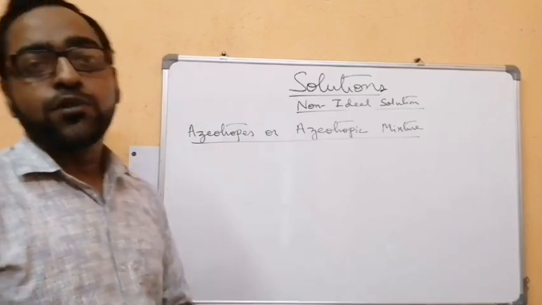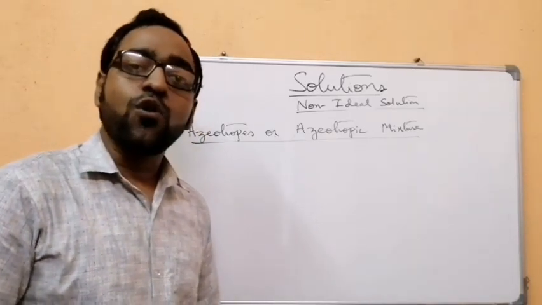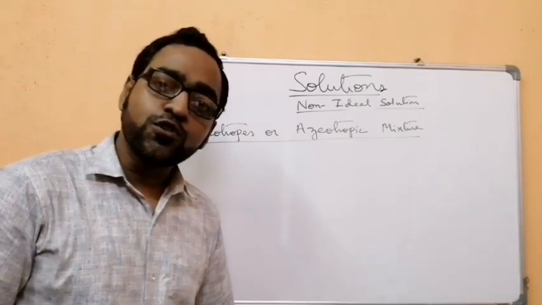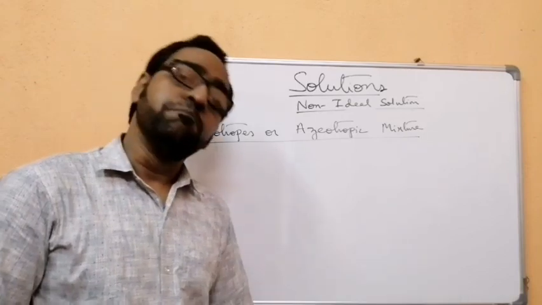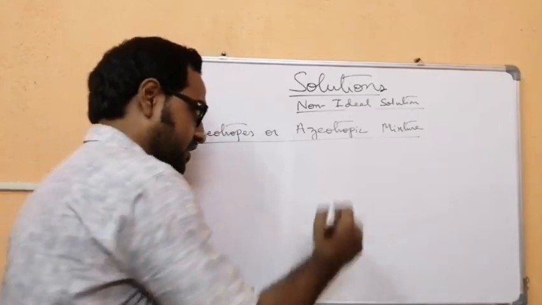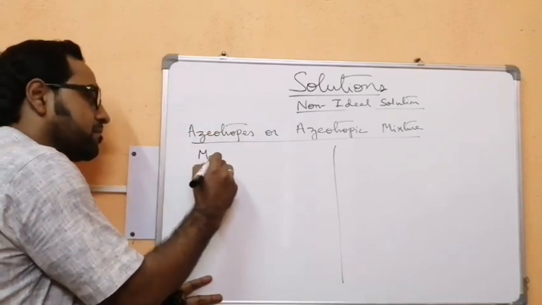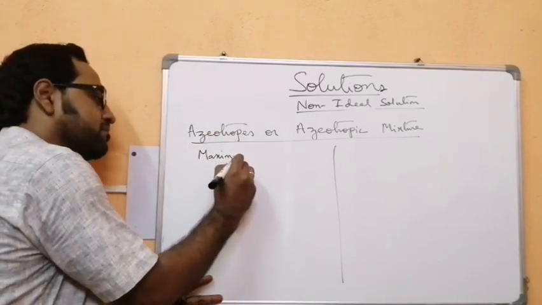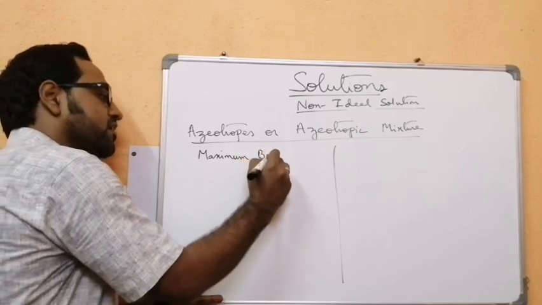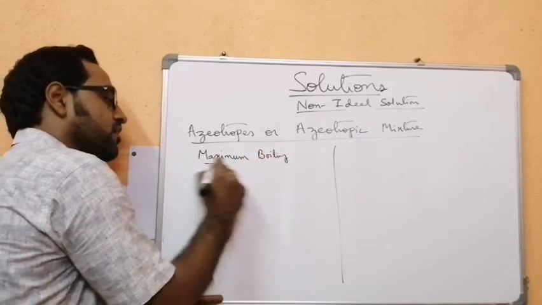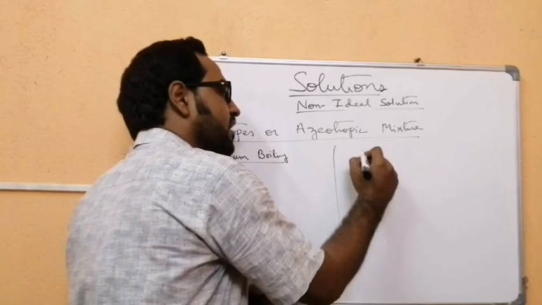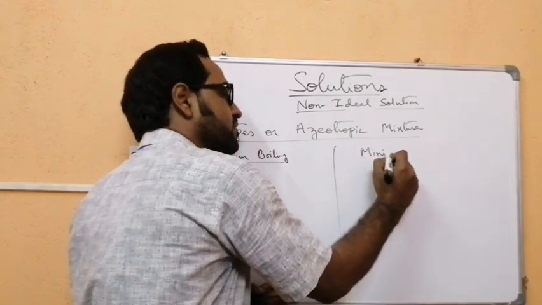Now there are two types of azeotropic mixture. One is called maximum boiling azeotropic mixture, another is called minimum boiling azeotropic mixture.